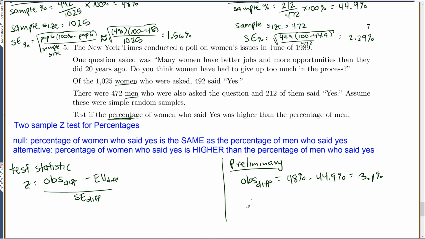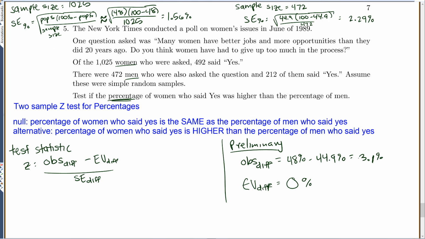The expected value for your differences. Well, if the null is true, we assume that our population averages are the same. So our sample averages should be about the same. So the difference should be about 0. And the standard error for your differences, well, that formula is on your sheet. It just says take the first standard error and square it and add the second standard error and square it.